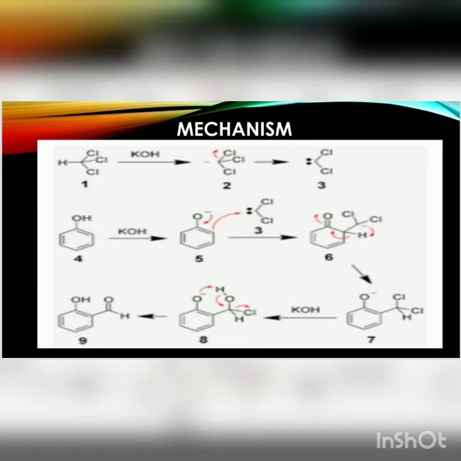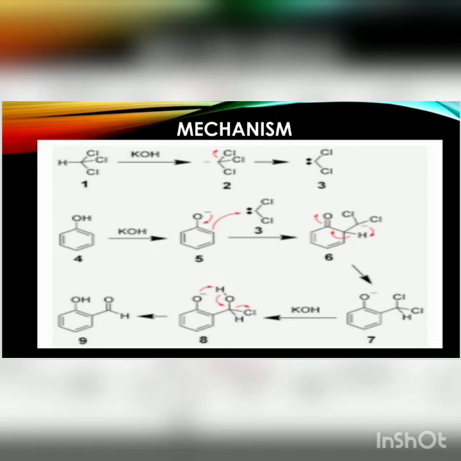In the first step, chloroform reacts with potassium hydroxide and forms an electrophile, CCl2, dichlorocarbene, which is a neutral electrophile.